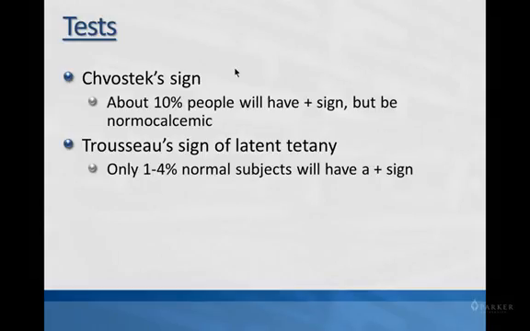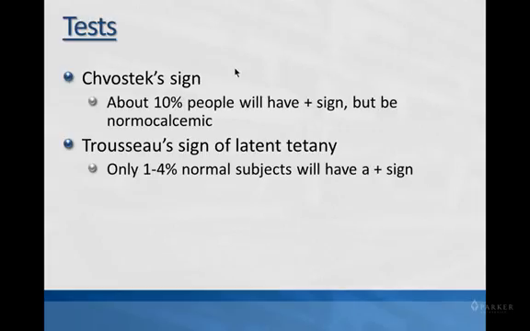The first one, the Chvostek sign: they will tap the facial nerve, and in people with hypocalcemia, the facial muscles will contract momentarily on the side in which you tap it. It's caused by the hyperexcitability of the nerves. But keep in mind that about 10% of the people who have a positive sign will be normocalcemic. They have normal calcium levels.